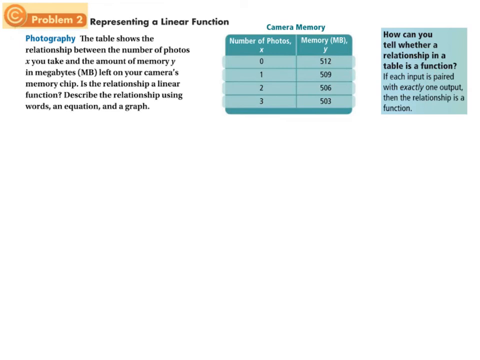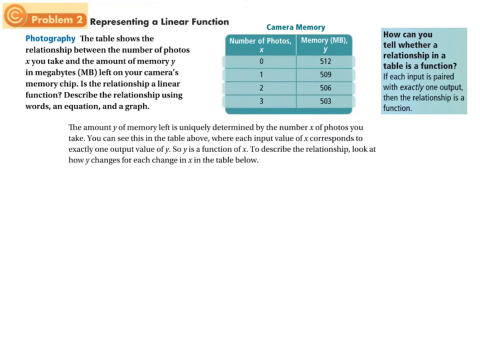Okay, so no problem. Now, in words, the amount of memory left is uniquely determined by the number of photos you take. You can see this in the table above, where each input value of x corresponds to exactly one output of y. So y is a function of x. Y, the resulting amount, is a function of, it's dependent on x.